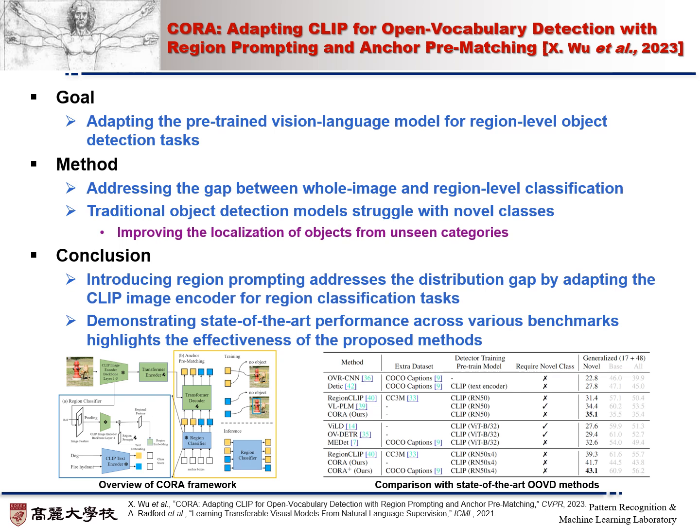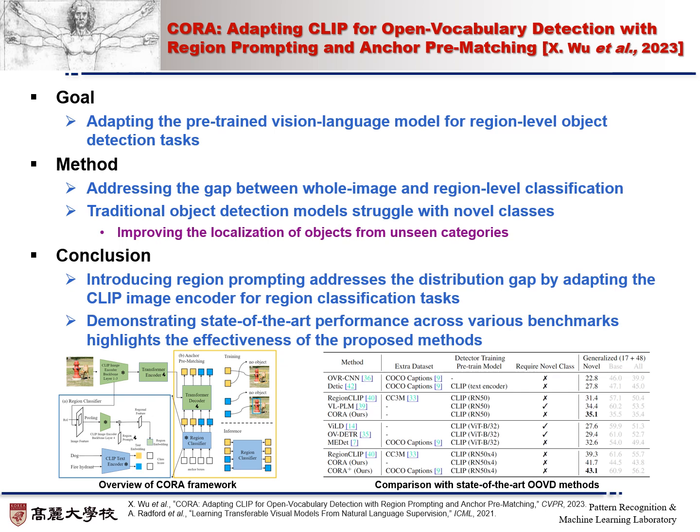Anchor pre-matching first forms an anchor box based on the object queries and compares it with the preset class embedding to correspond to the most appropriate category. As a result, the model is able to perform generalized object localization even for new categories, which significantly improves the detection performance for new categories in various benchmark tests.